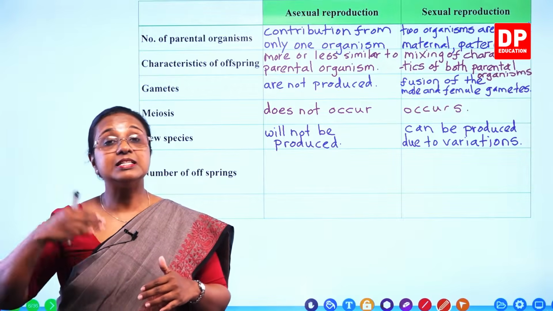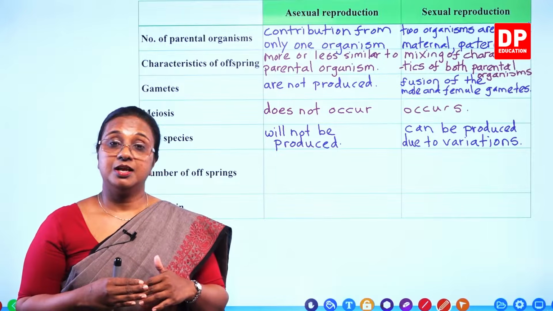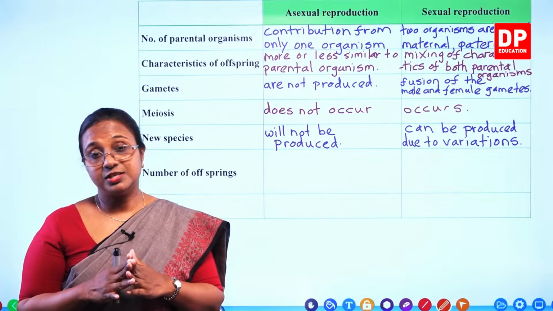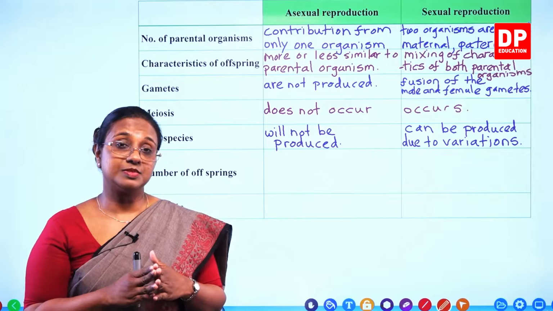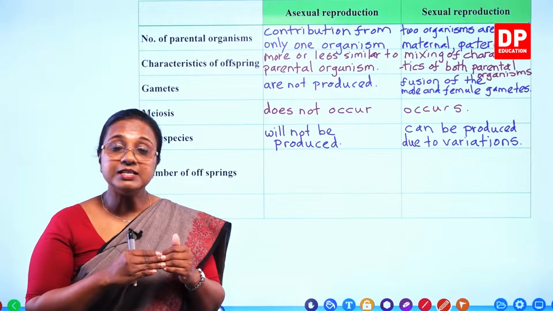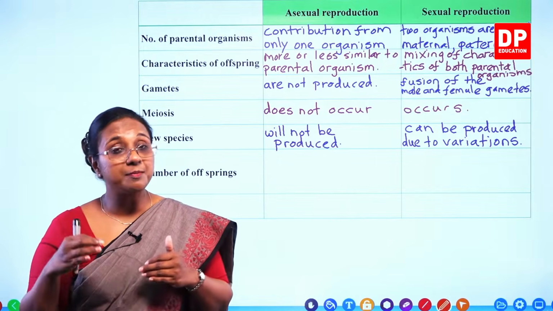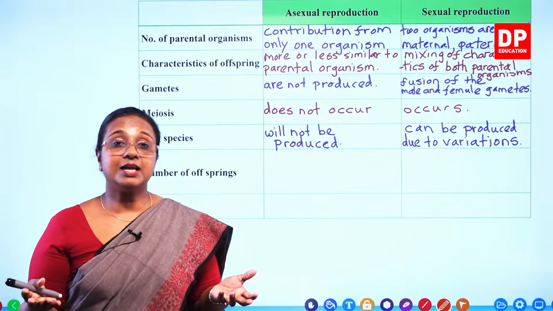Whereas if you consider sexual reproduction, think of the primitive organisms, where from one organism many organisms are produced at a time.